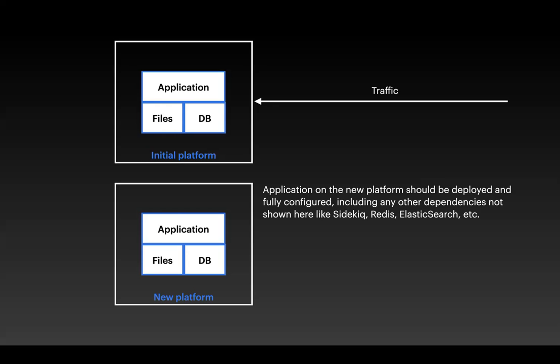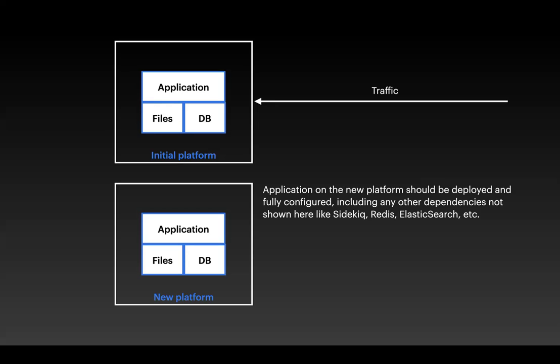You deploy the application, you create a new database, import a recent database copy into it, and copy the files. Actually, on Heroku you cannot, because the file system is lost between deployments, right? So that's one of the reasons why the next step is to take out any files.